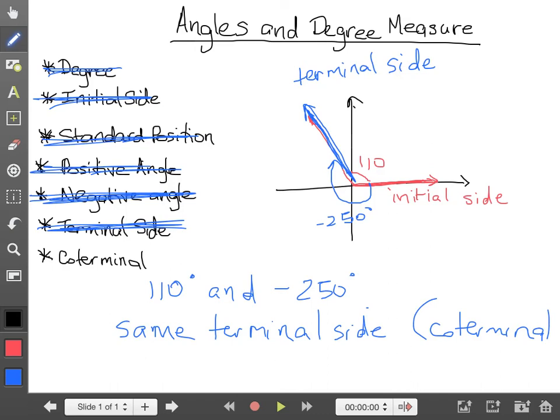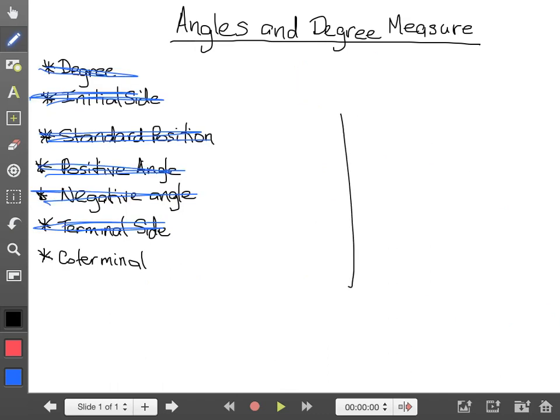So let's look at it on the other page where we have some space. So we already know that 110 degrees, which is like here, is coterminal with negative 250 degrees. But what else is it coterminal with? Well, we totally can go a full revolution and then keep going until we end up at the same terminal side.